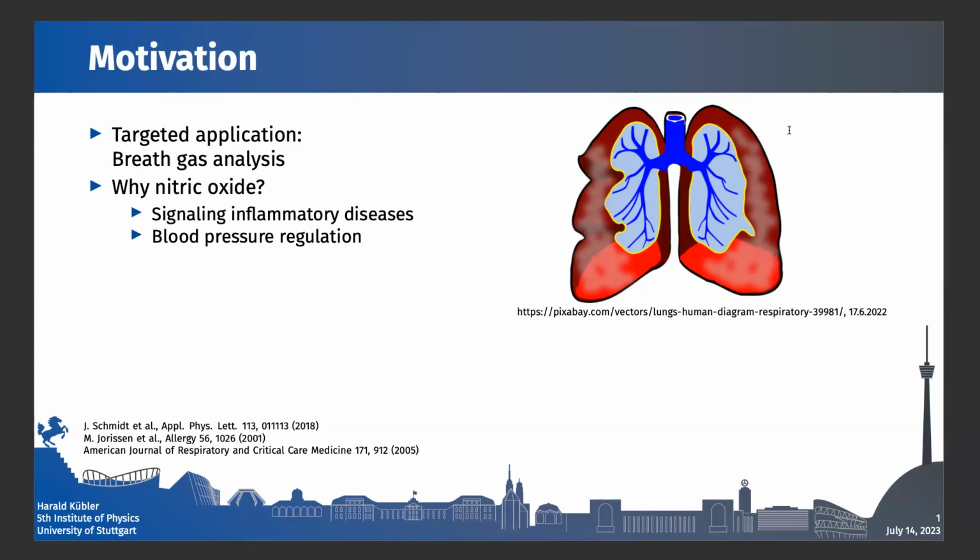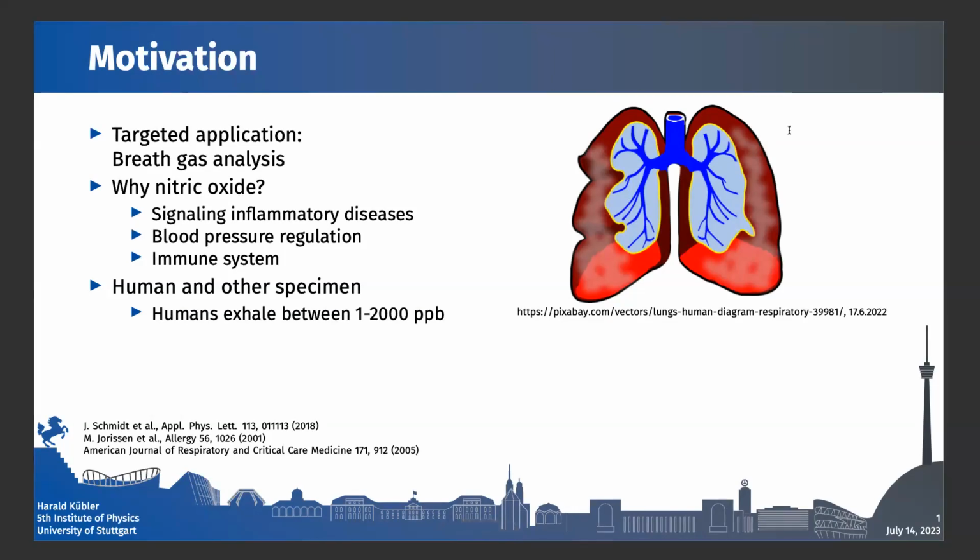It is also important in blood pressure regulation, and it is a way to fight bacteria in your body. So there is a real medical application for NO sensing. And this applies for humans, but also other mammals. So this is really a large application area.